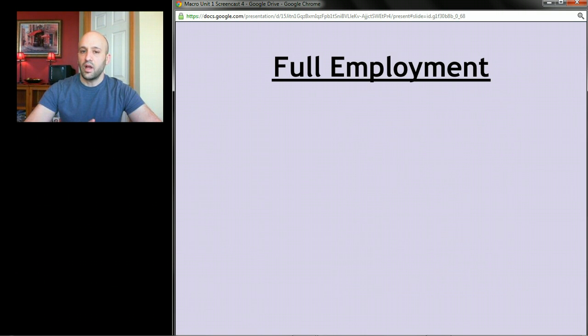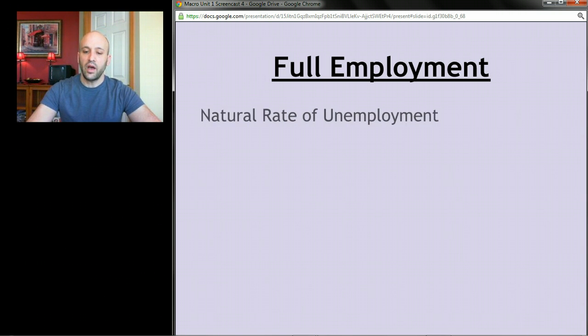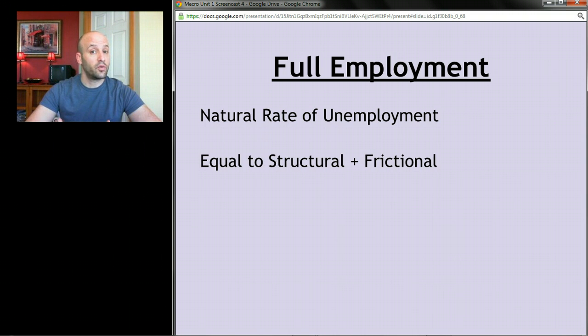Now, a really important concept in economics is the concept of full employment. Full employment means essentially that everyone who wants to be working is working, to the extent possible within a modern industrialized economy. So we're going to define full employment, also sometimes called the natural rate of unemployment, as being equal to structural and frictional unemployment.